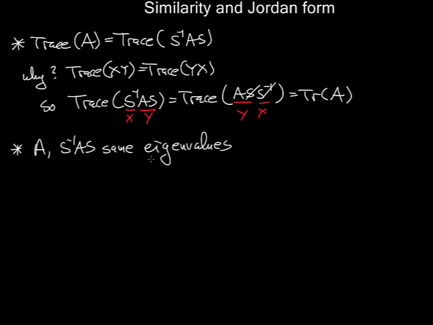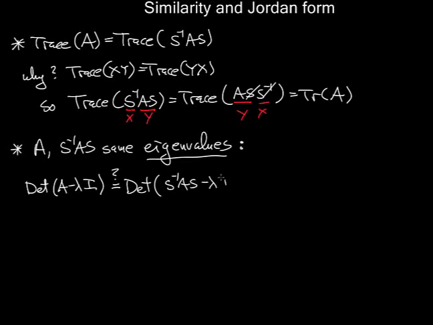And another basic fact is that A and S inverse AS have the same eigenvalues. Why is that? Well, you find the eigenvalues of A by computing the determinant of A minus lambda I. Is that the same as the determinant of S inverse AS minus lambda I? Because those are the polynomials that you need for computing the eigenvalues of these two matrices.